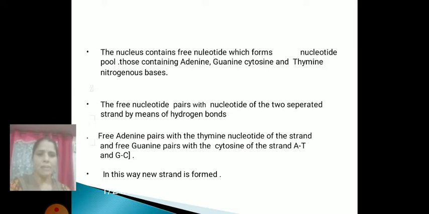Free adenine pairs with the thymine nucleotide of the strand and free guanine pairs with cytosine of the strand. That means A pairs with T and G pairs with C. In this way, a new strand is formed.